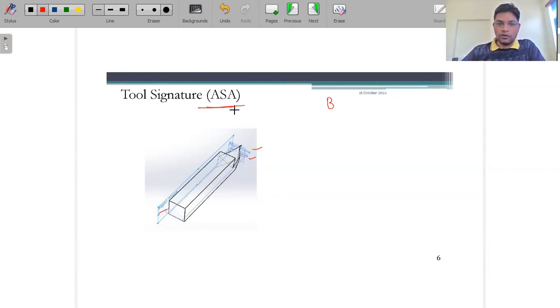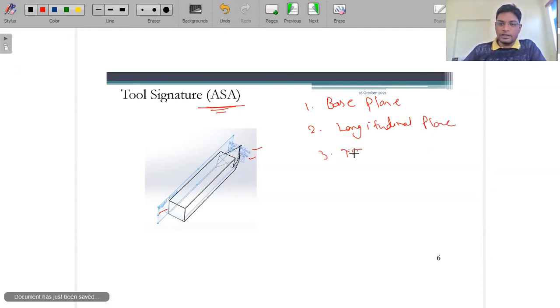For the ASA system, we are using the base plane, second the longitudinal plane, and third the lateral or transverse plane.